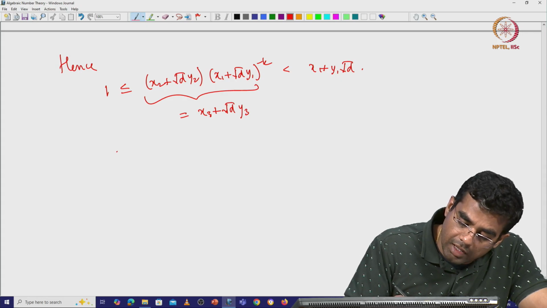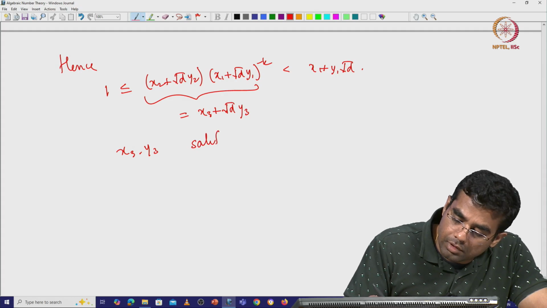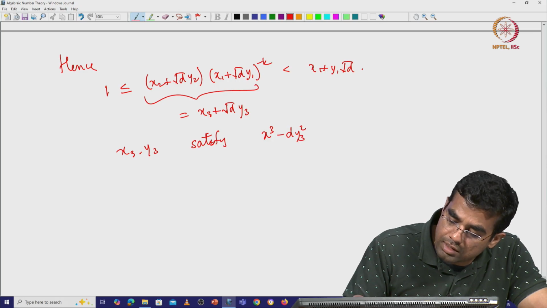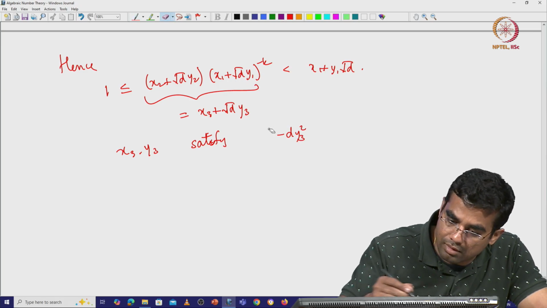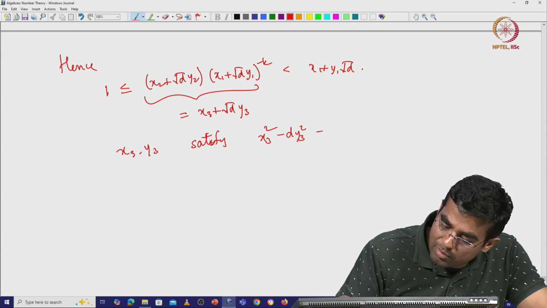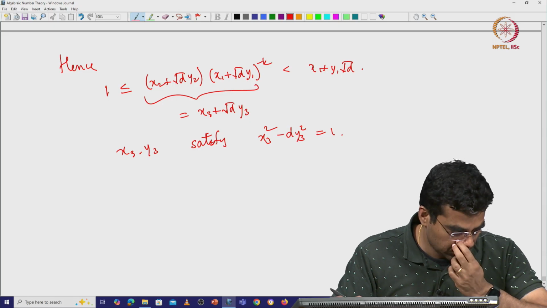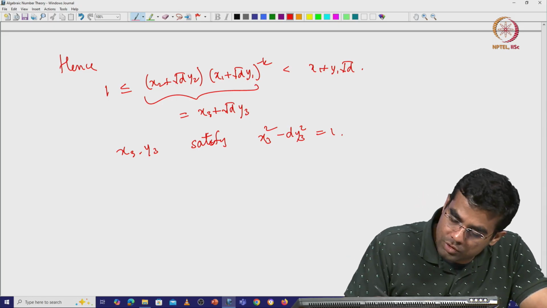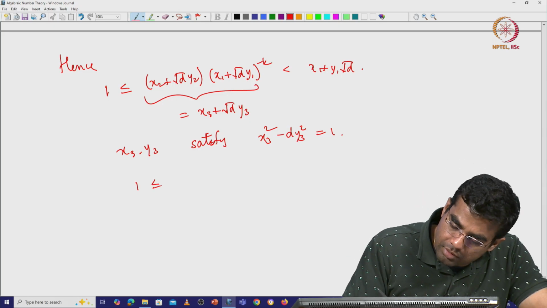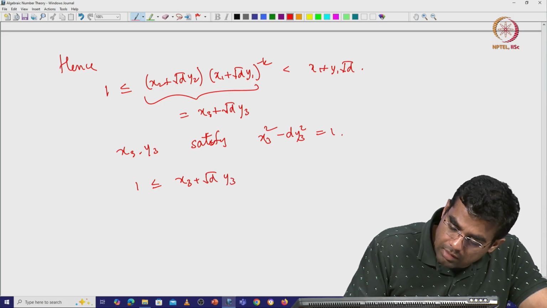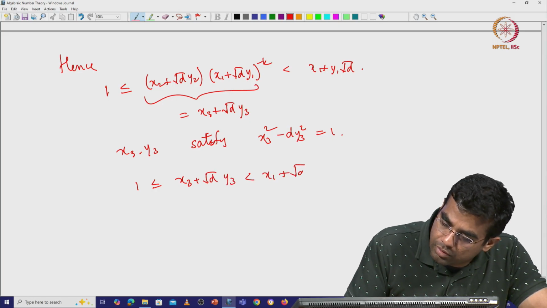So, x3 and y3 also satisfy Pell's equation, x3 squared minus d y3 squared is also 1. Okay. And so, what we have is 1 less than or equal to x3 plus square root of d y3, which is less than x1 plus square root of d y1.